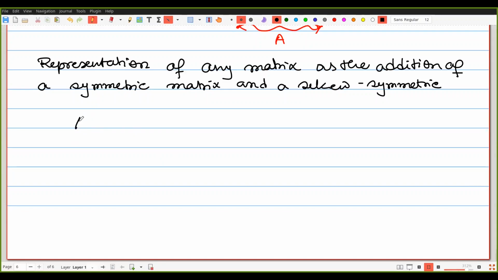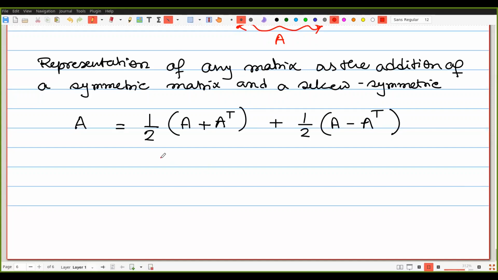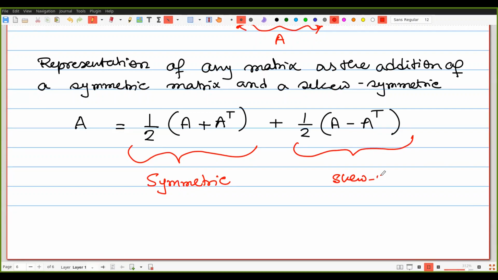Suppose the matrix A is equal to half of (A plus A transpose) plus half of (A minus A transpose). The first one is a symmetric matrix. The second one is a skew symmetric matrix.